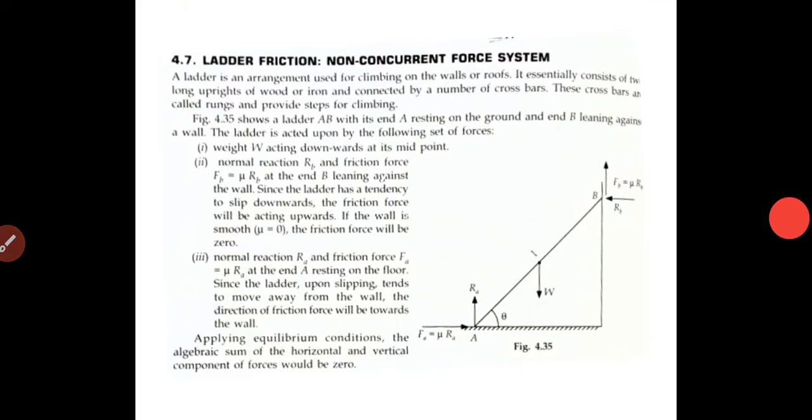Take the case of a ladder. As you know, a ladder has two longitudinal bars made of bamboo, aluminum or steel, and a number of cross bars. These cross bars are used as steps to climb up.